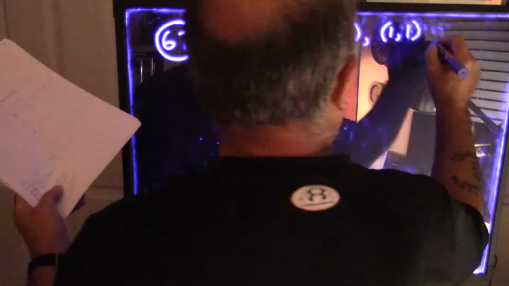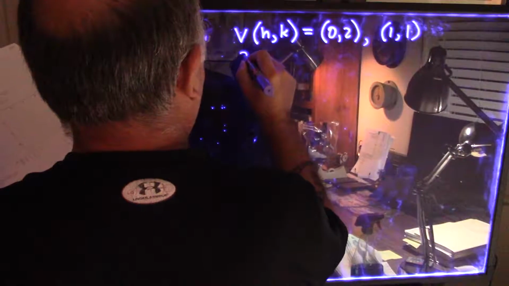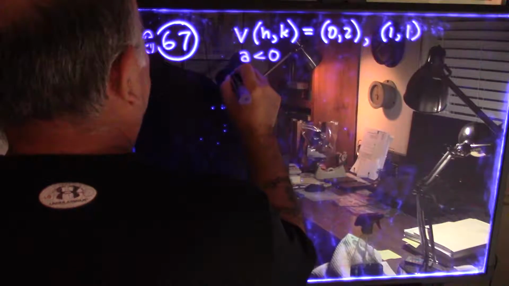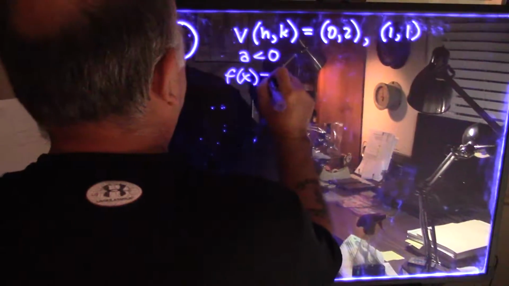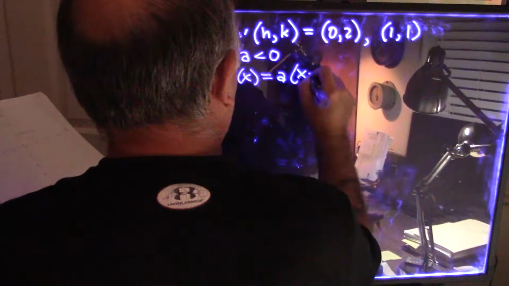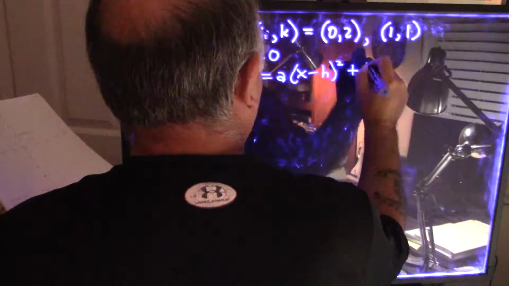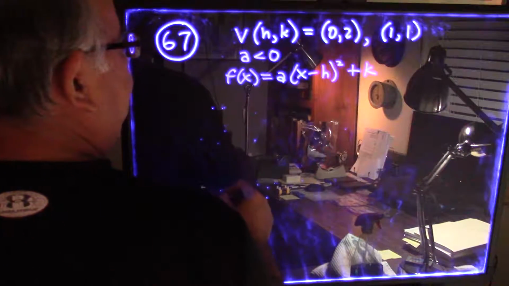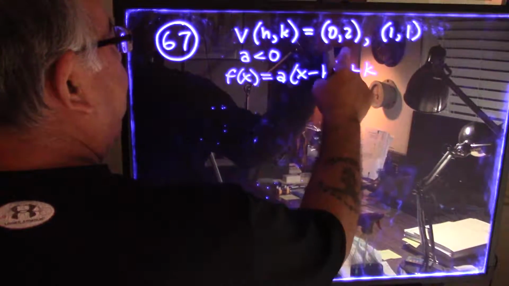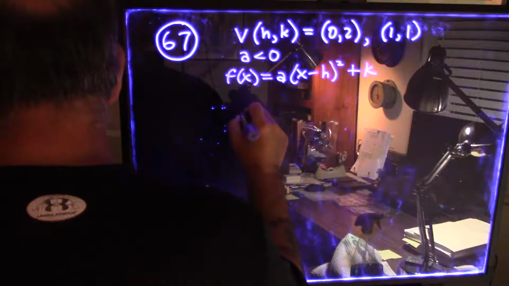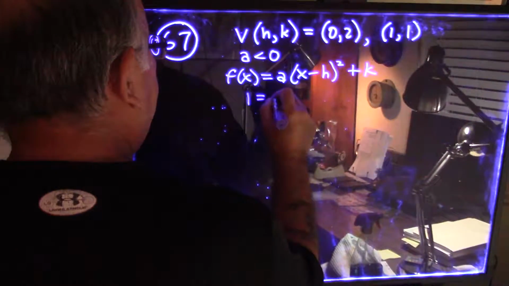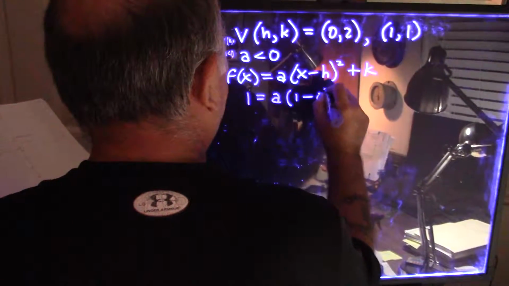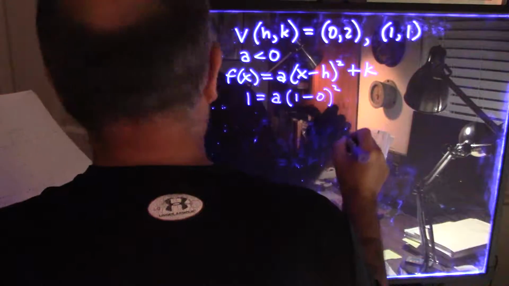So we also know that a is less than 0, a is negative, opens downward. So f of x equals a times the quantity x minus h squared plus k. There's your standard form. And let y equal f of x, and then plug in x, y and h, k in the formula. So you get 1 equals a times parentheses 1 minus 0 squared plus 2.